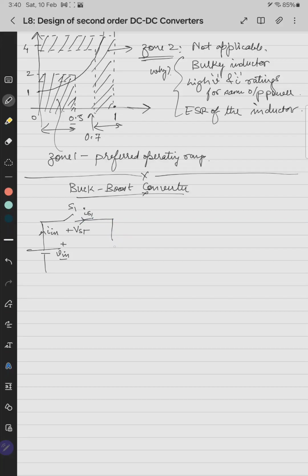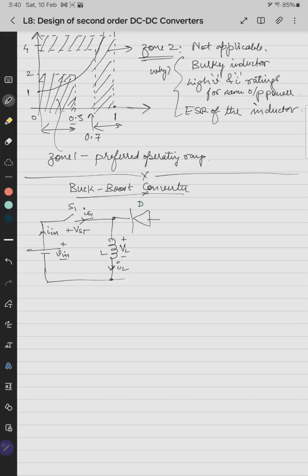Then this goes to the inductor, which is sitting in the parallel lane, VL plus minus, L, IL, and then we have a diode like this.